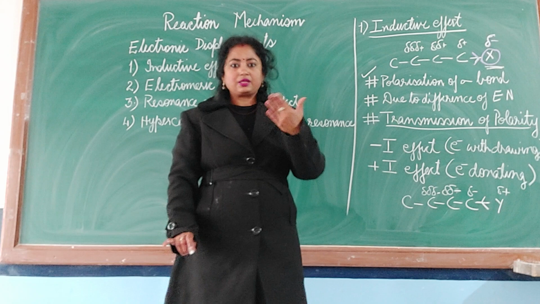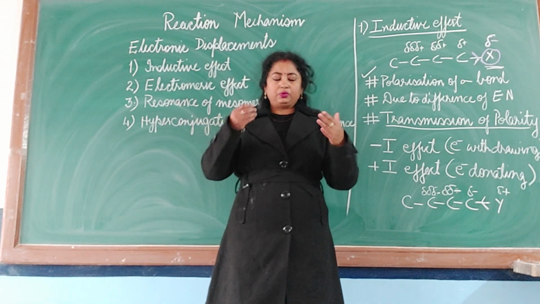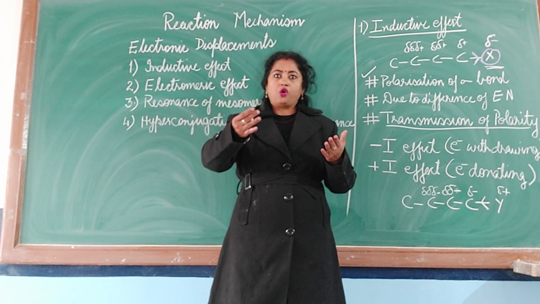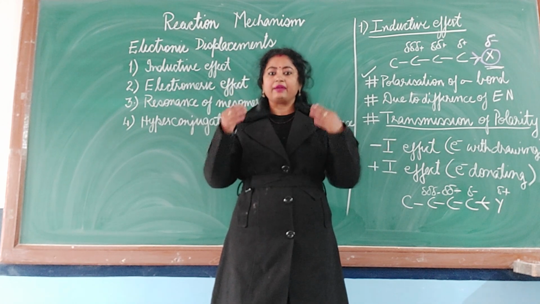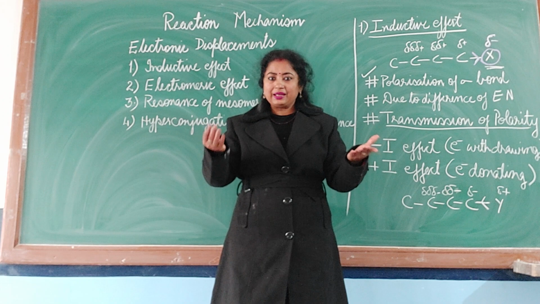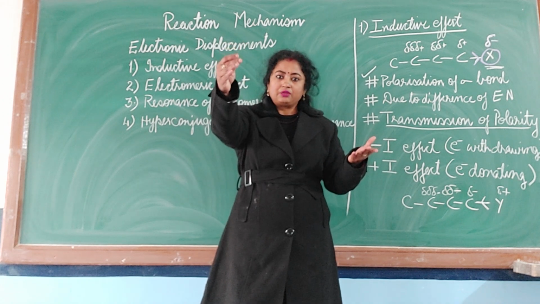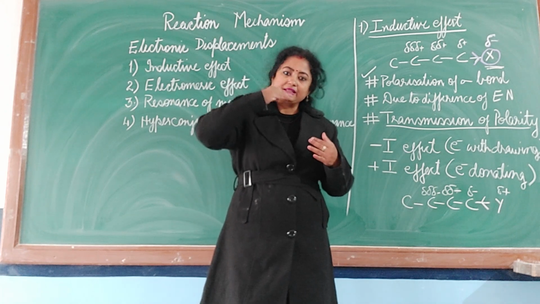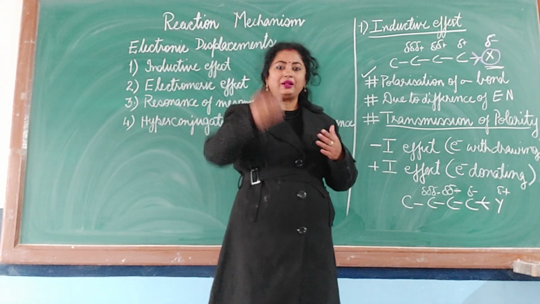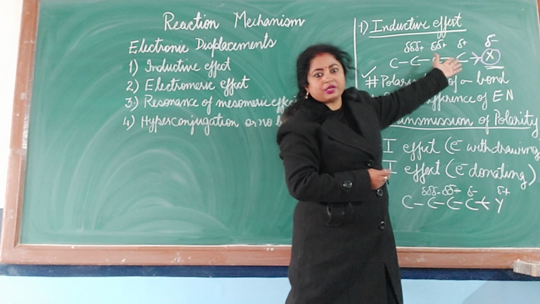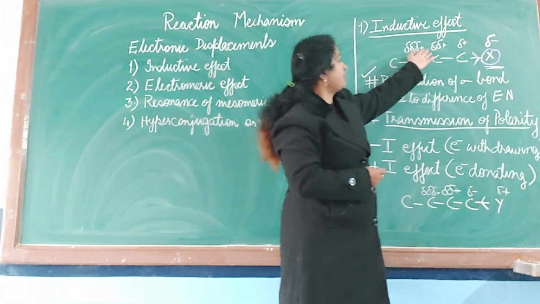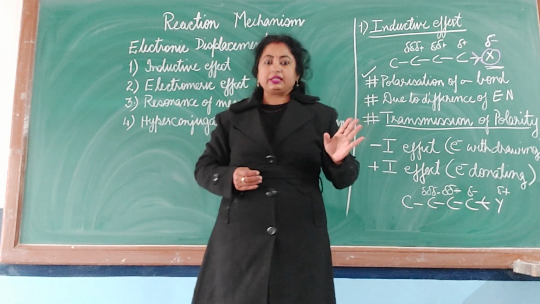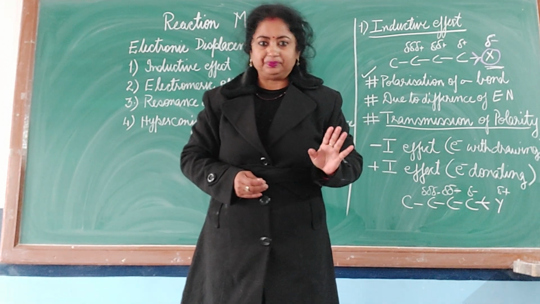To understand this, when I am teaching in the class and talking to you all, whoever is sitting in front can hear me more clearly than the children sitting at the back. In the same way my voice reduces towards the back. Similarly here, the transmission reduces as it proceeds along the chain, and it only proceeds up to 3 or 4 carbons.